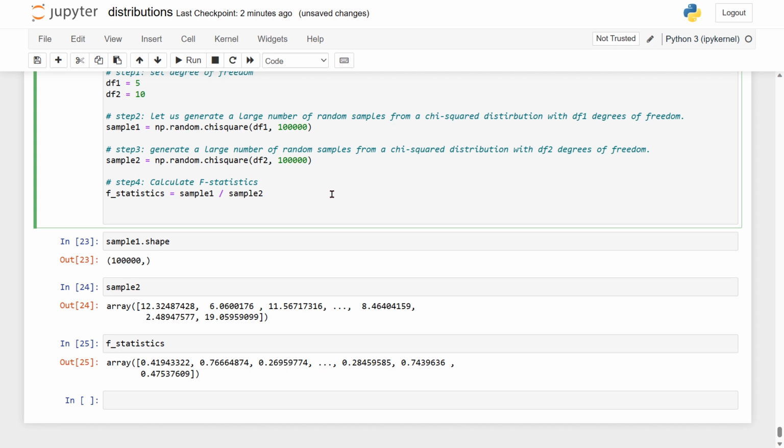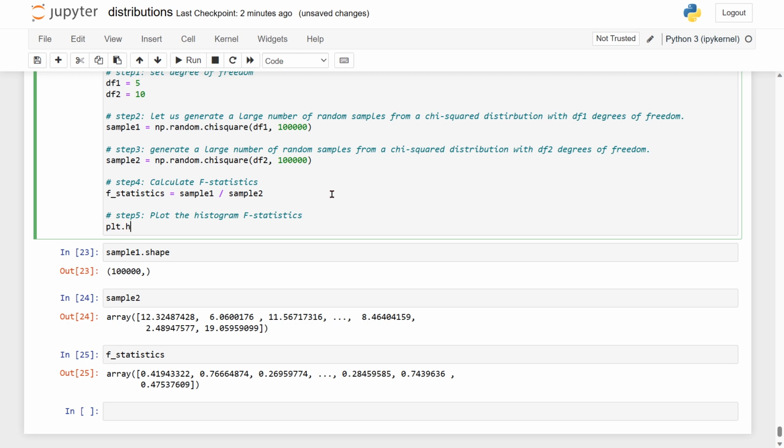Now nothing much is left to be done. You have to calculate the frequency of each f statistic and put it in a histogram. Nothing else. Let's do that. So step 5: plot the histogram of f statistics.